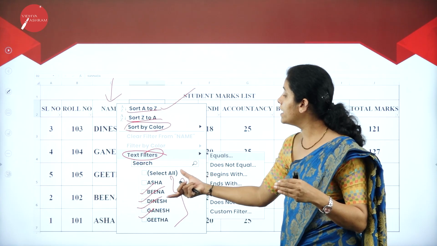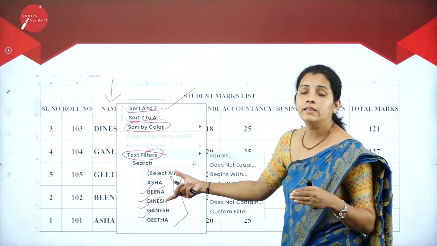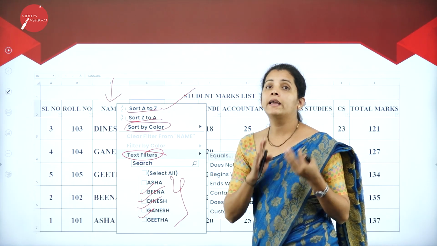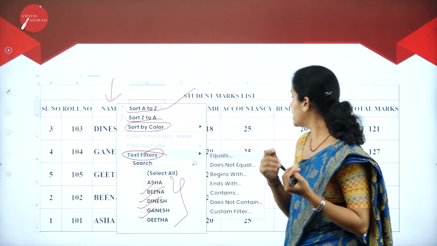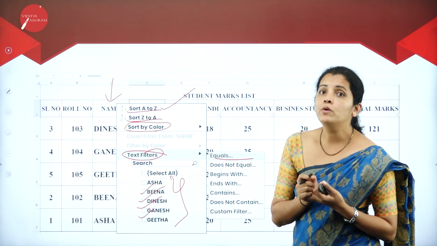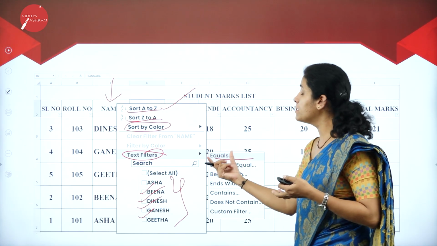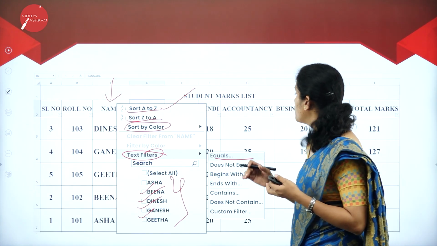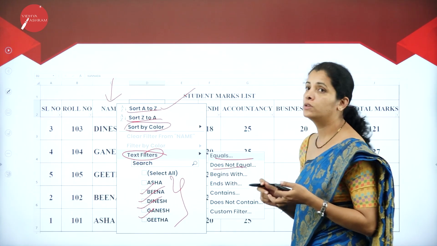So this is displayed in the ascending order, and at the same time I am able to specify the criteria. Now tell me what are the criteria I'm going to have? That is equals to, or I'm going to have does not equal to.